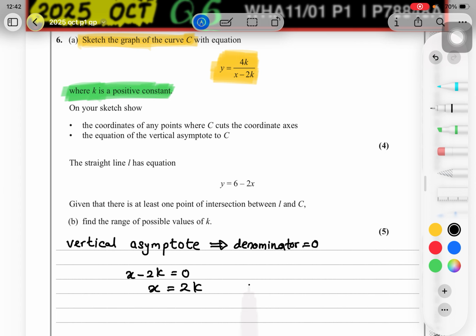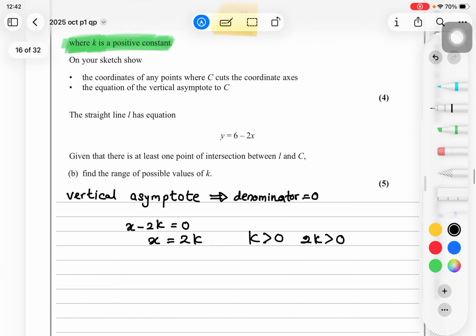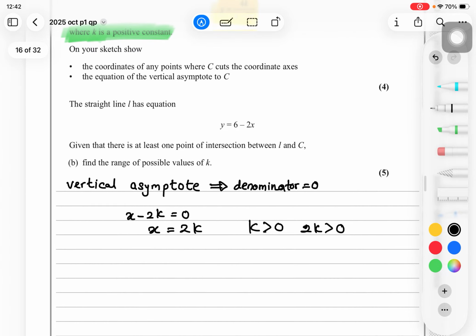Since we know k is a positive number, 2k will also be positive. So literally x equals 2k has to be on the positive side, which is the right side. Okay, let's grab all the information.